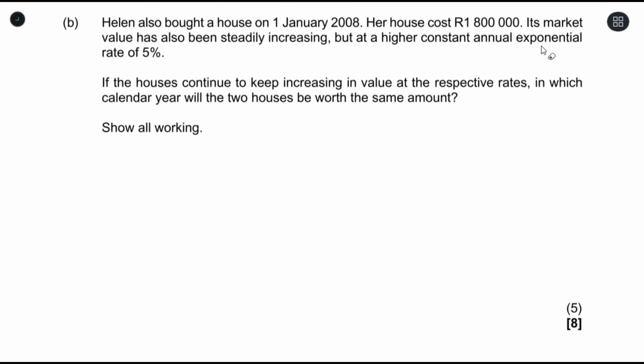So what we can say here is that we can look at it like this. On the left hand side, I'll call this Helen, and on this side, John. Helen's house is worth 1.8 million, meaning the principal would be 1.8 million.